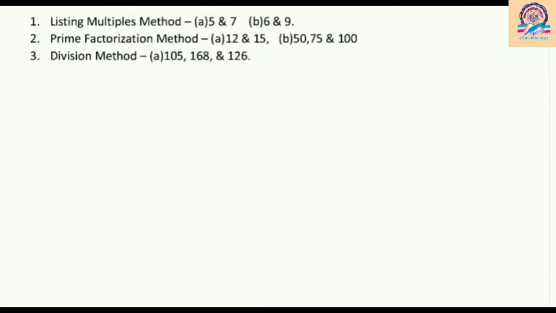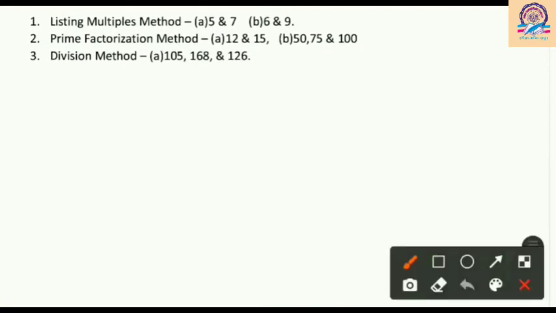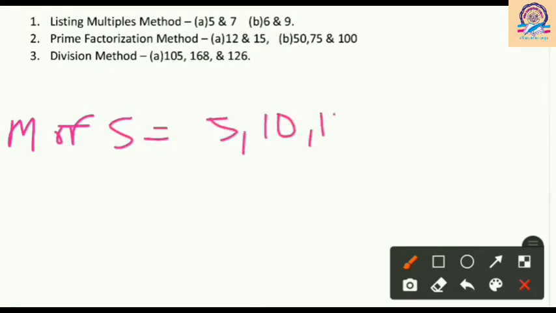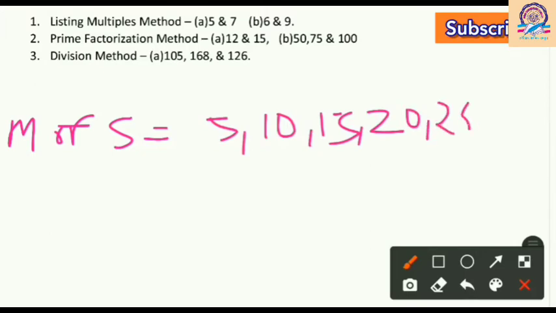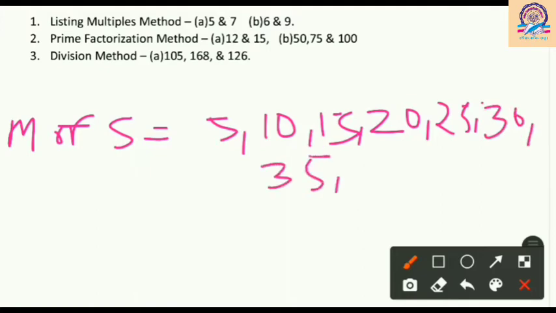The numbers are 5 and 7. Here we will write multiples. I am writing only M. You will write the multiples of 5: first 5, then 10, 15, 20, 25, 30, then 35, 40, and then dot dot dot, many numbers.